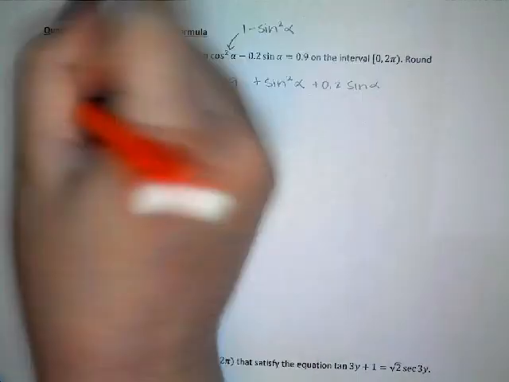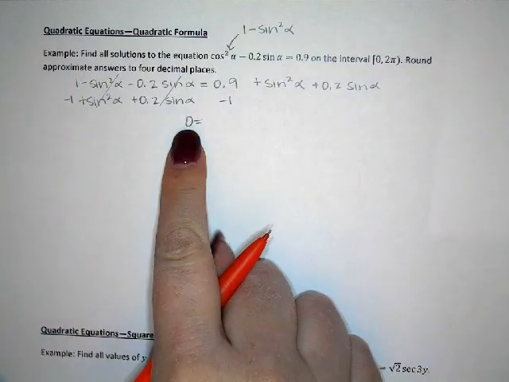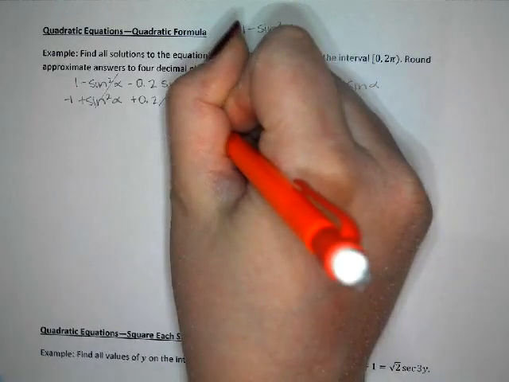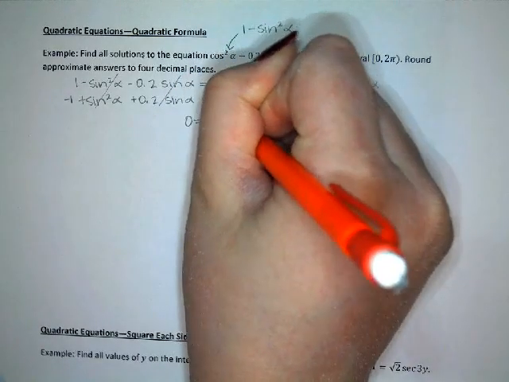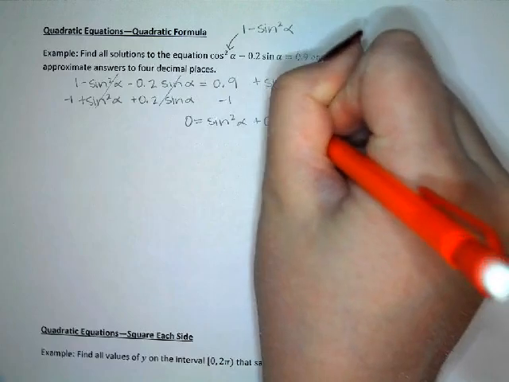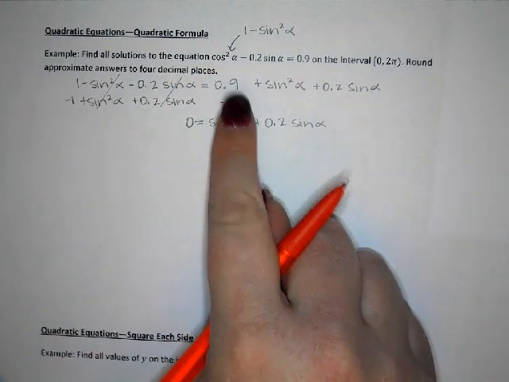So I've made the quadratic equation equal 0, and I'm going to write it in order. So I'm going to put the squared term first. And then 0.9 minus 1 is minus 0.1.